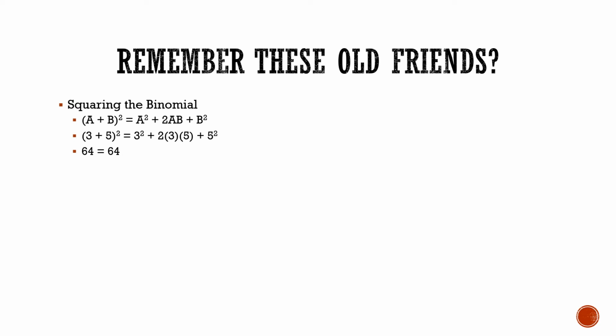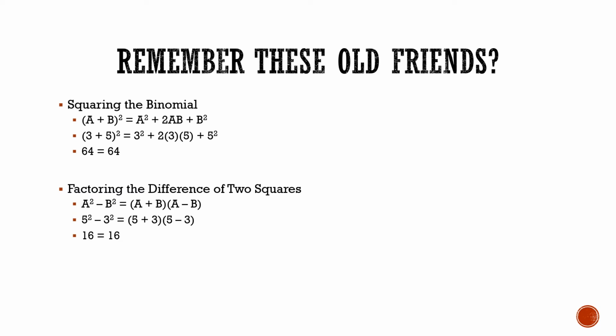You can see from my example below with numbers that I've proven this, showing 3 plus 5 squared equals 3 squared plus 2 times 3 times 5 plus 5 squared. And if you go to the trouble of solving this, keeping in mind your order of operations, you're going to find that 64 equals 64, which is actually showing the reflexive property.